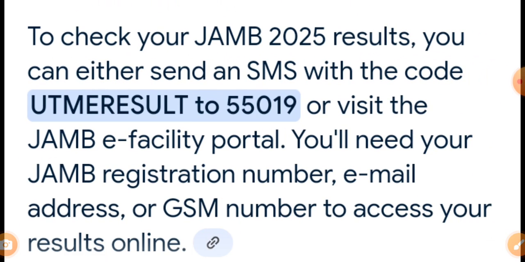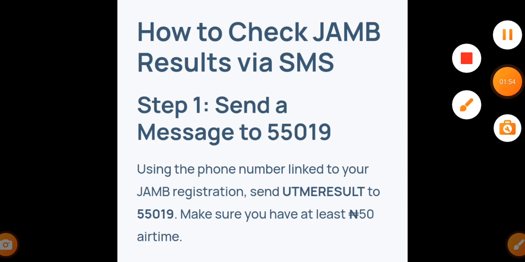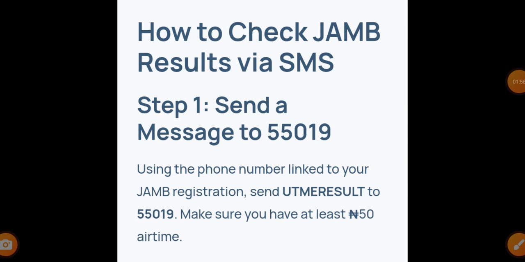Do you understand? Send it as a text message. Look at what I expect you to do. Using the phone number linked to your JAMB registration. That particular phone number, don't go and use your mother's phone number or your father's phone number.